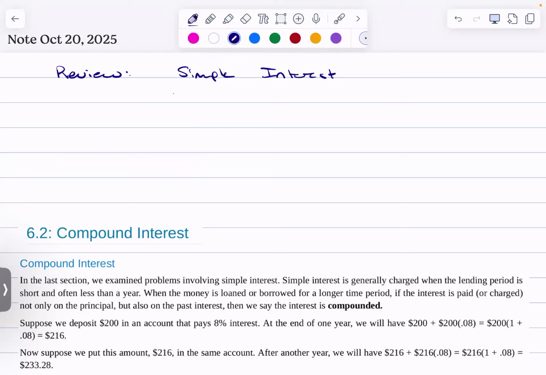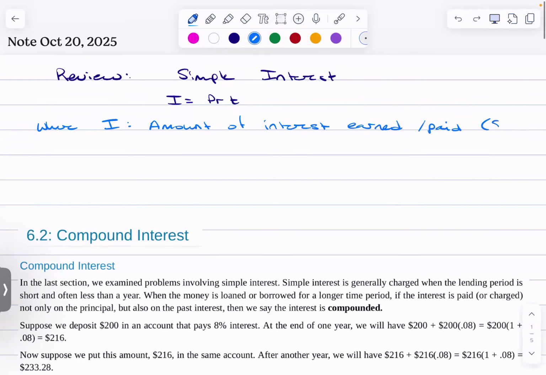We introduced I equals PRT, where I is the amount of interest earned or paid. That's a dollar amount.